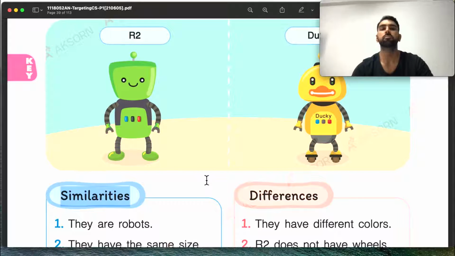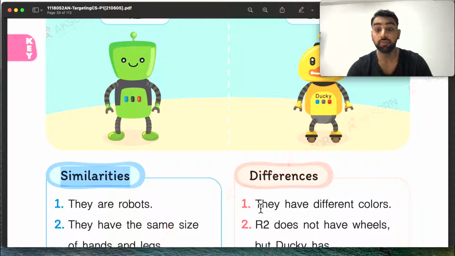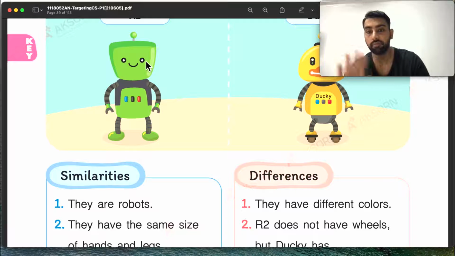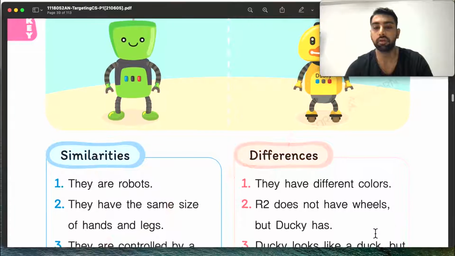Both robots work with a computer program. Now, what are the differences? We can see they have different colors. This one is yellow and this one is green, so they are not the same. Number 2, R2 doesn't have wheels, but Ducky has. Look here, its foot.